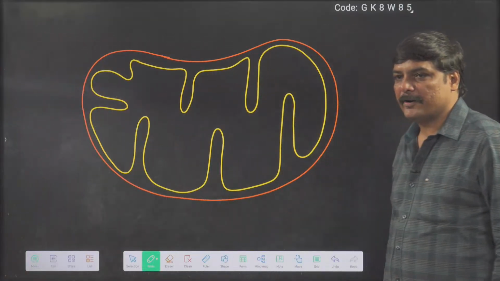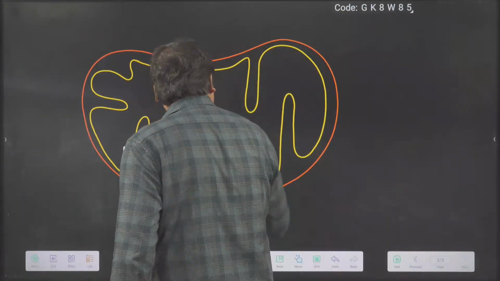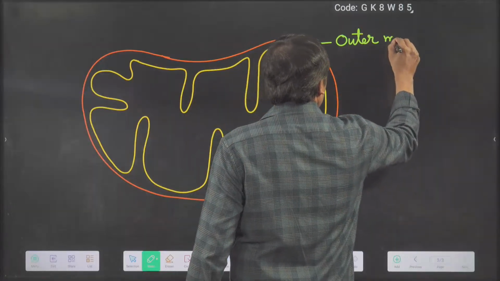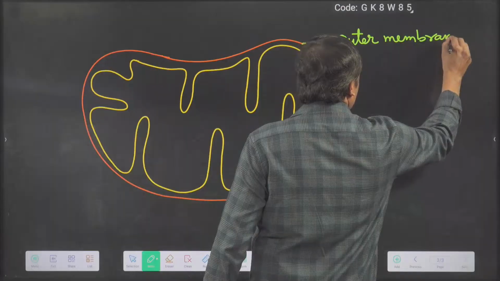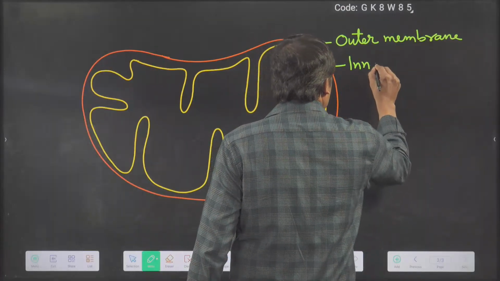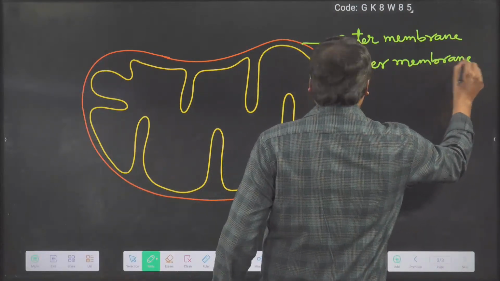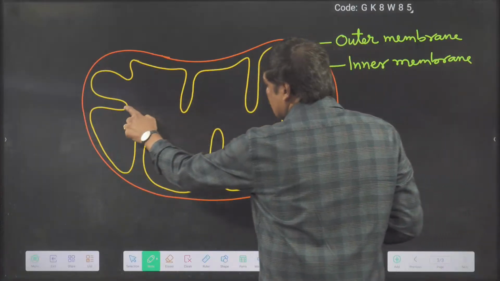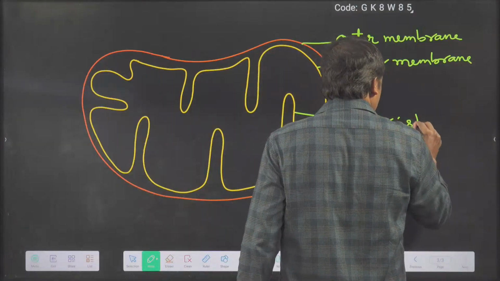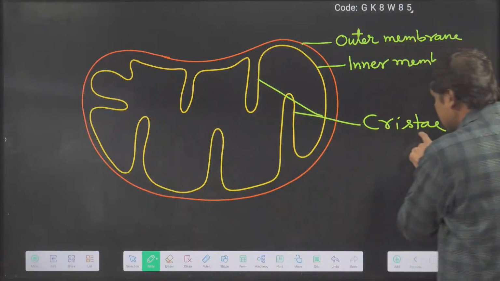Outer membrane is smooth. This is the inner membrane. The inner membrane shows infoldings. These infoldings are called cristae, plural. These inner membrane foldings are called cristae.